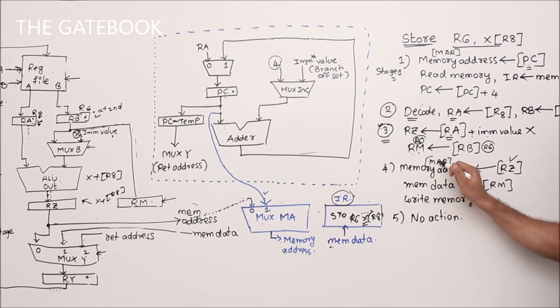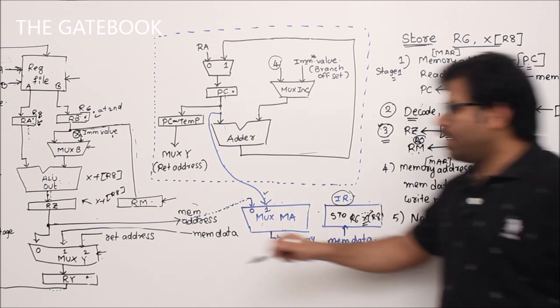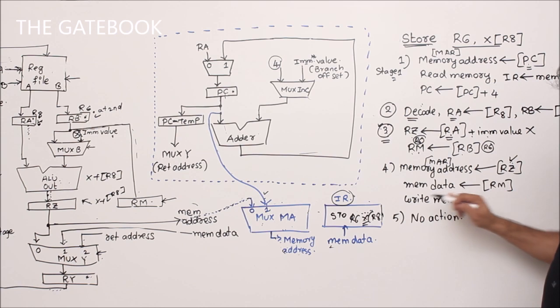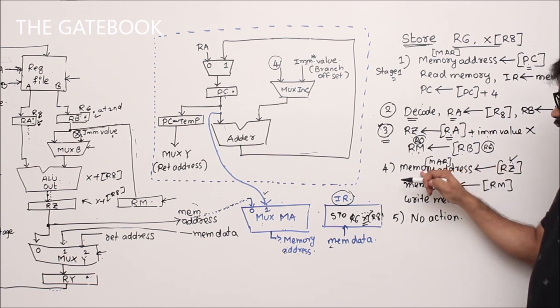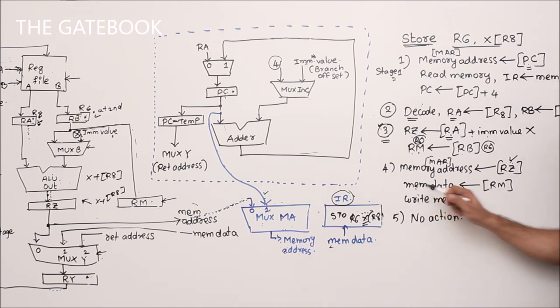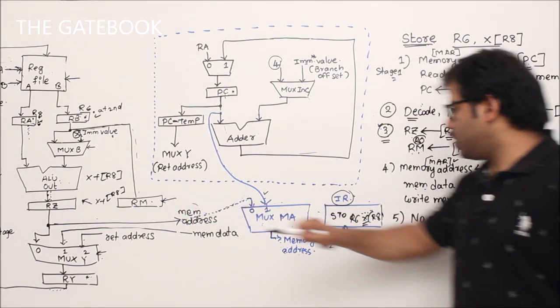So my dear memory interface, RZ contains some data. What is that RZ data? X plus R8. That will be given to the memory interface. Because it's a store instruction, we have provided the address and we are providing the data: RM contains the data which is to be stored.